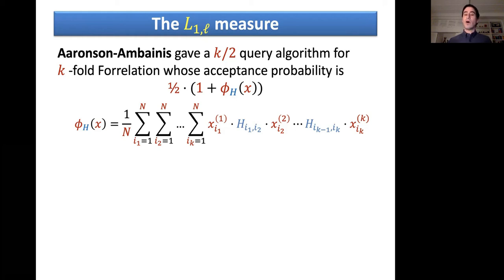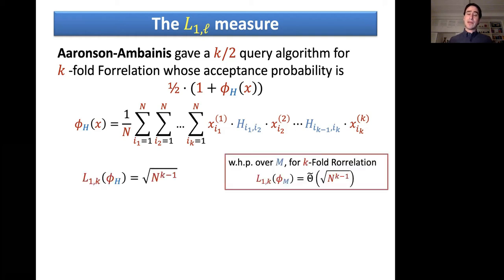In fact, we can read off the coefficients from this equation. All the coefficients are of the same magnitude. And it's a quick calculation to see that the sum of absolute values of coefficients of degree k is exactly square root n to the k minus 1. This is rather large. There are at most n choose k such coefficients, and the sum of absolute values is roughly the square root of this size.